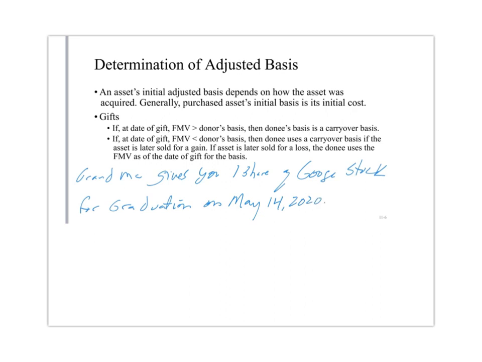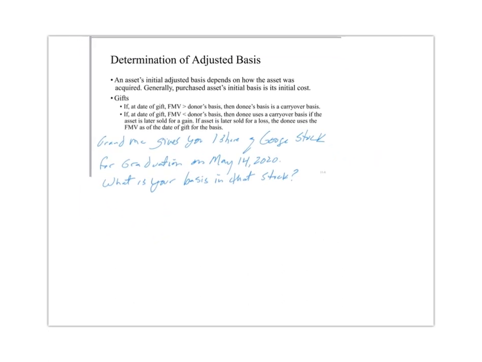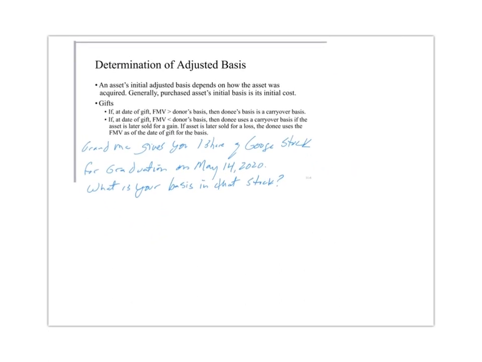So you've got one share of Google stock. Now, the question is, what is your basis in that stock? Well, the answer, because this is tax, is it depends. So let's look at two different scenarios.